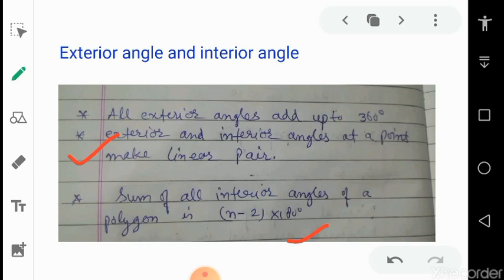Alright. So here 2 points are very important. See again. Sum of exterior angles is 360 degrees and sum of interior angles is n minus 2 multiply 180 degrees. Now both these concepts will be useful to find the number of sides or some other information.